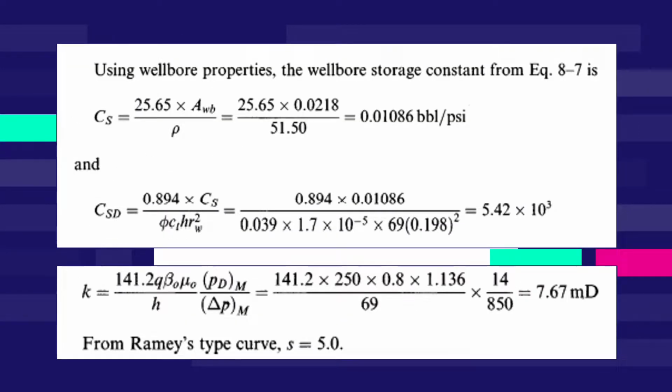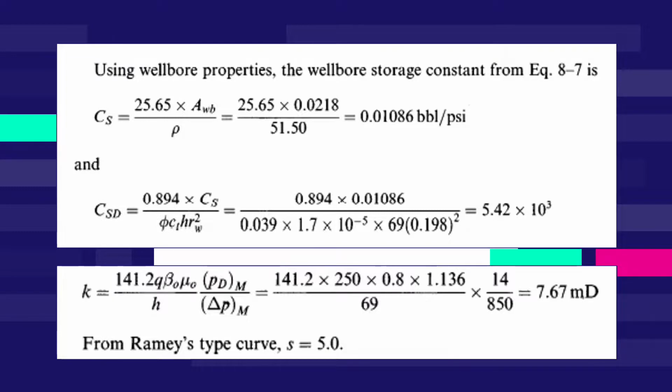Using the wellbore properties, the wellbore storage constant from equation 8.7 is Cs equal to 25.65 times wellbore area all over density, equal to 25.65 times 0.0218 all over 51.50. It equals 0.01086 bbl per psi.